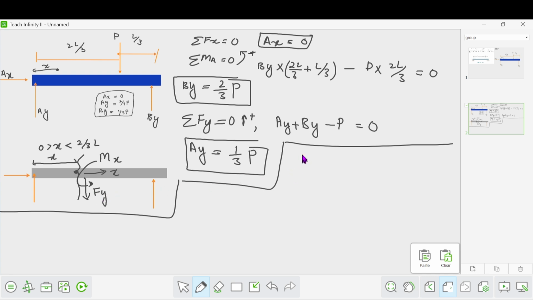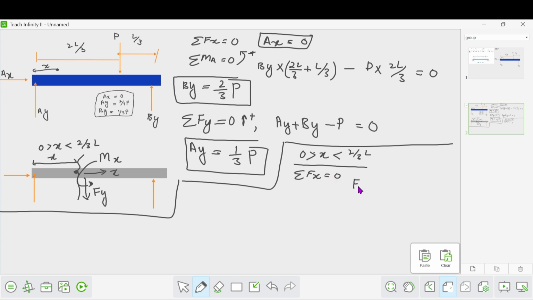So x should be greater than 0 and less than 2L divided by 3. At this region summation of Fx equal to 0.